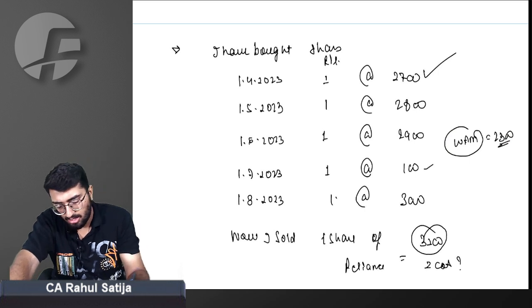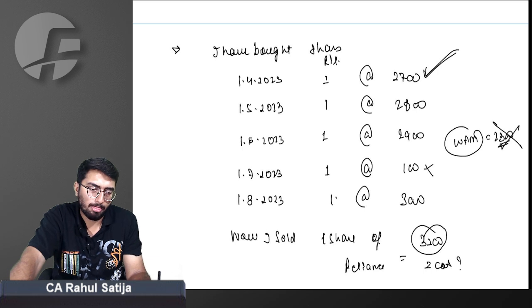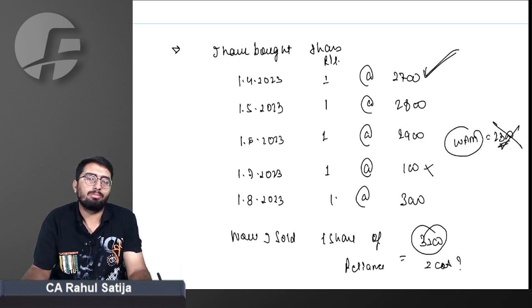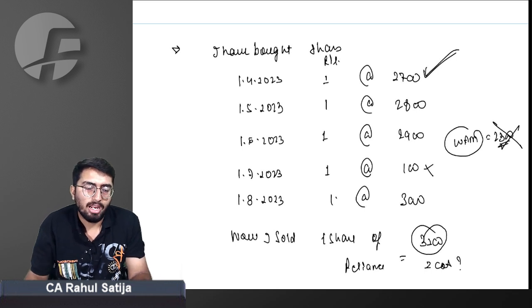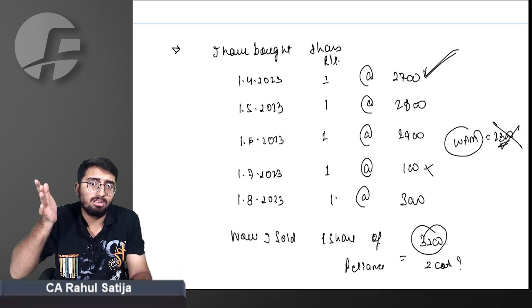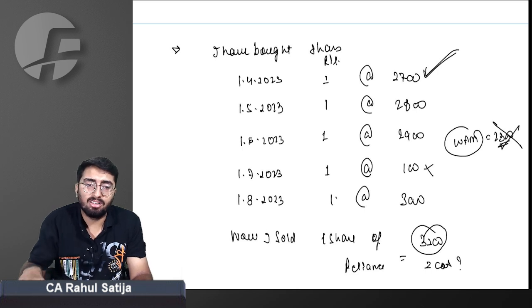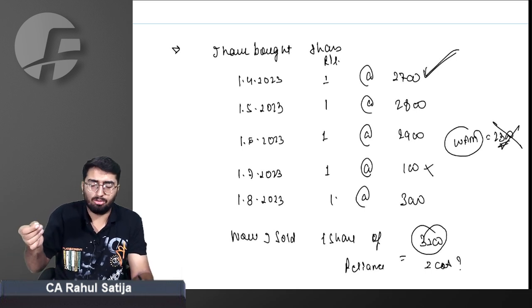The right answer is it will not be 2300, it will not be 100, it will be 2700. Whenever securities are sold from a demat account, the date of entering into the account will always be considered while considering their sale. And which method is followed? FIFO method, first in, first out.